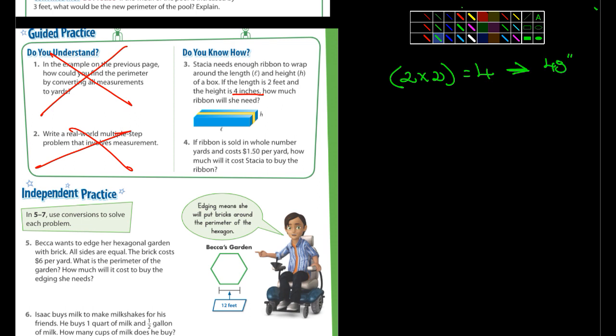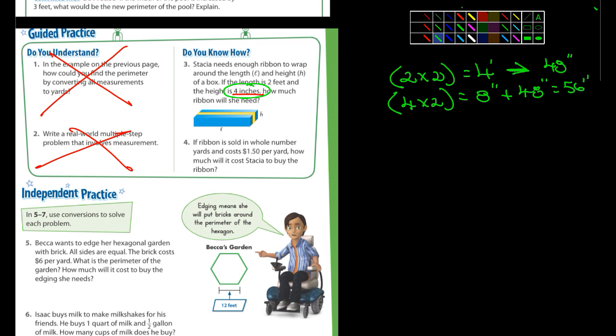And then 4 inches on the height, that's going to be 4 times 2. Remember, now that's inches, equals 8 inches. That's already converted. This was feet. So what's 48? So 8 plus 48, what's that going to equal? Inches. That's going to be 56.